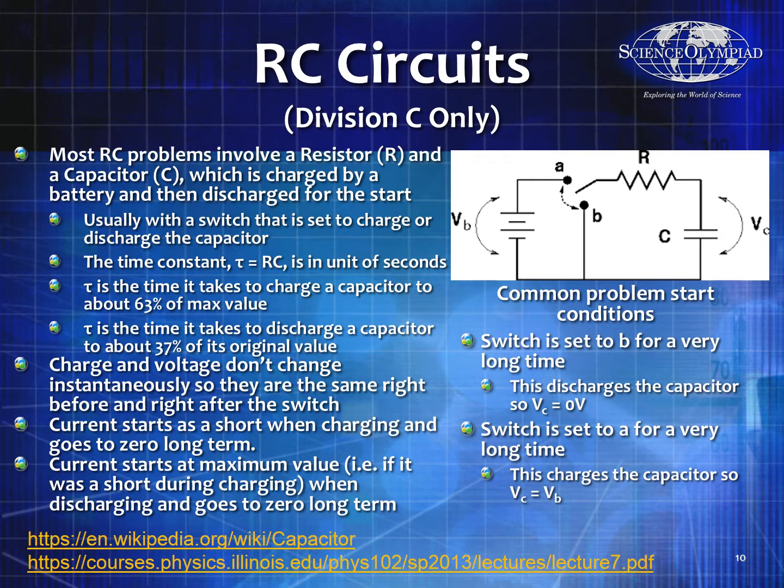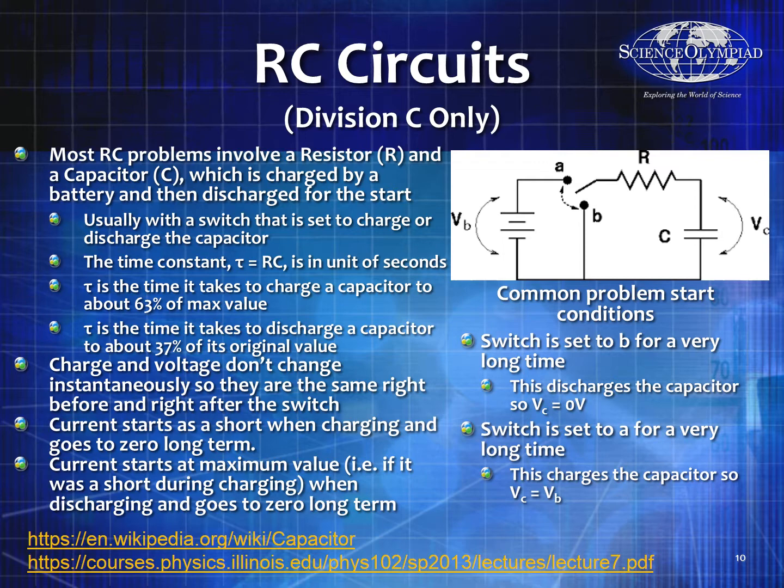Tau is also the time it takes for a capacitor to lose about 37% of its original value. Keep in mind that charge and voltage won't change instantaneously. They'll always have a time, usually t equals 0, when the switch is changed.